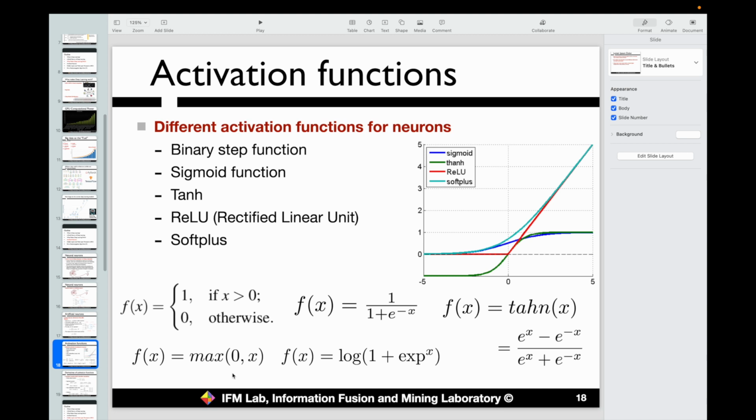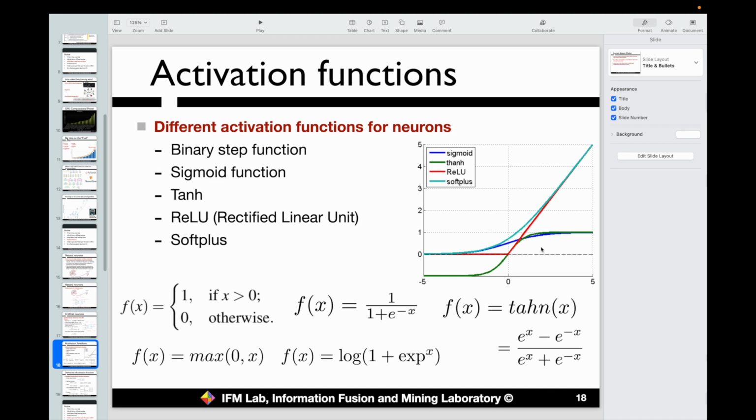Because if we have x larger than 0, f(x) equals x, its derivative will be equal to 1. So compared with the sigmoid function or tangent function, for the input which is positive, its gradient will always be large, right? Which will be positive 1.